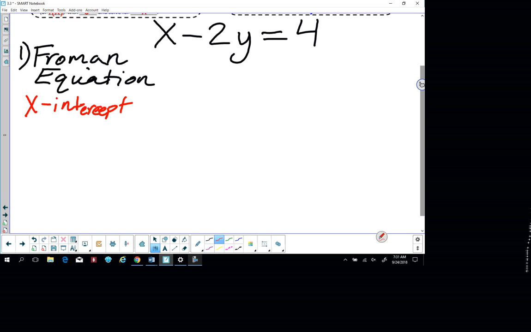When we're looking for an x-intercept, if we look up at our notes, it says x-intercepts happen when y is 0. So what I'm going to do is look at my equation, and I'm going to rewrite it. And then instead of y, I'm going to plug in 0.